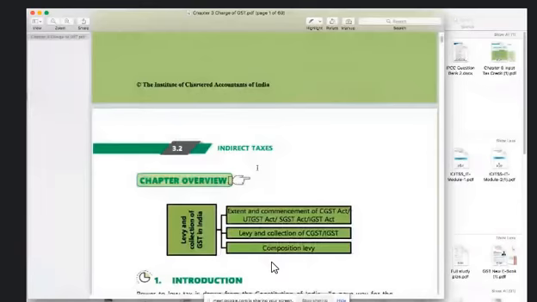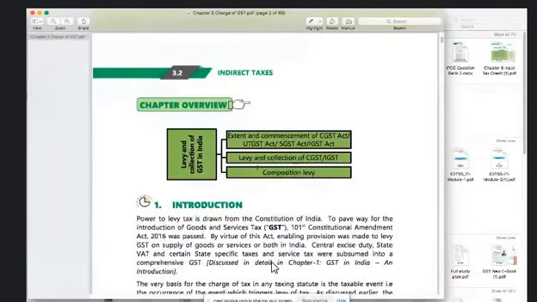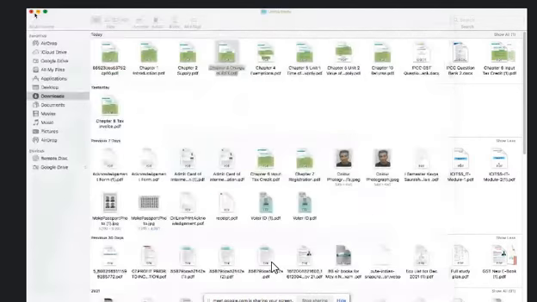Then in Chapter 3, we have seen the extent and commencement of the GST, that is, what is India, how the taxation is there. Then levy and collection of CGST and SGST, that is Section 9. In Section 9, we have seen what is RCM, what is the list of services on which RCM is applicable, and then we have seen the composition levy.